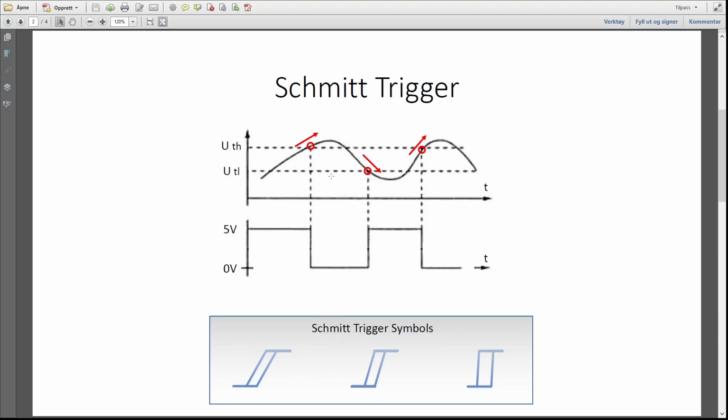So it means that you have some delta between the high and the low trigger point, and the output does not exist between these boundaries. It switches when it comes to this, and it switches when it comes to this.